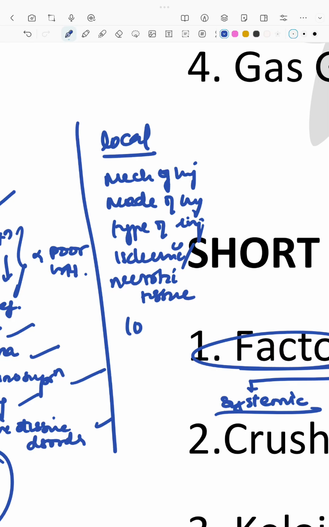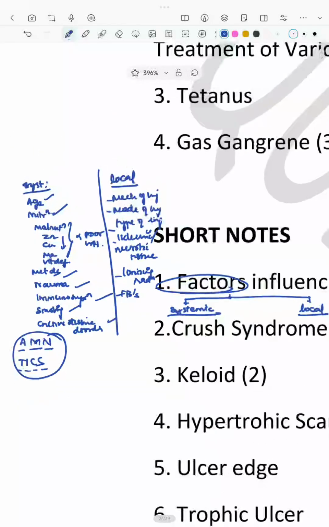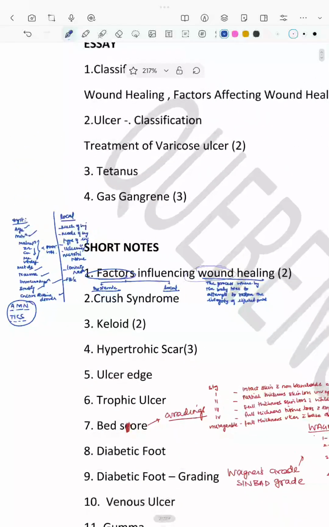Exposure to ionizing radiation, foreign body exposure. So these are the local factors that are related to wound healing. So this is your first question.